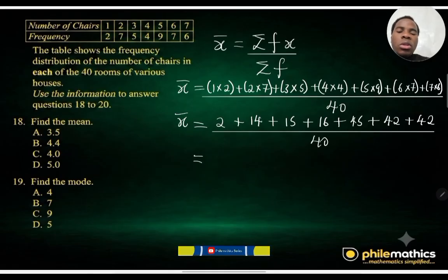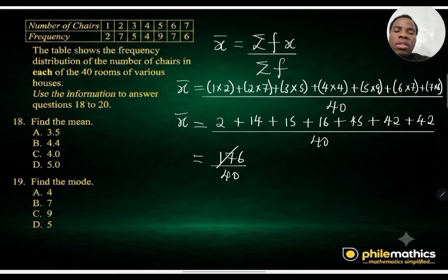So this will give us 2 plus 14 is 16. 15 plus 45 is 60. 42 plus 42 is 84 plus 16 is 100 plus 60 is 160 plus 16 is 176. 176 over 40.